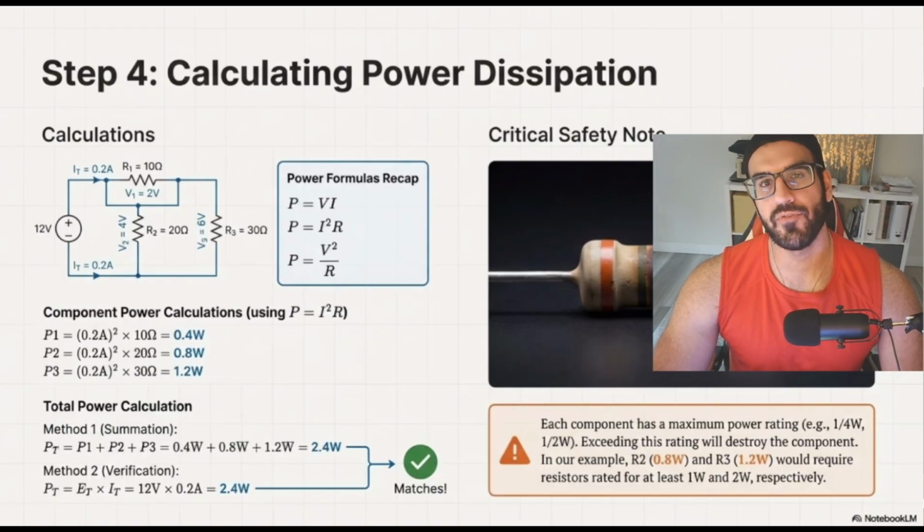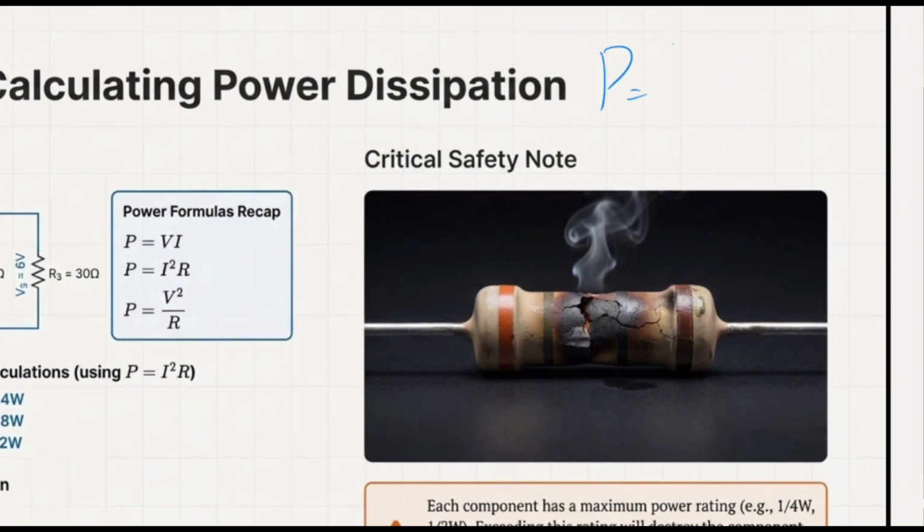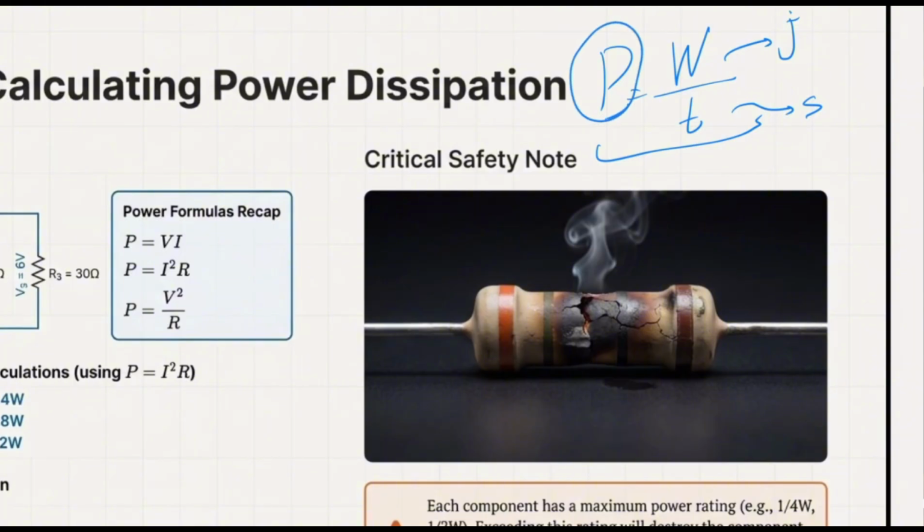But what would happen if you're talking about the power inside a circuit, or the power related to each component? The very first thing that you have to know is the definition of power. Power, P, is going to be energy divided by time. The amount of energy that you consume over time is something that we call power.